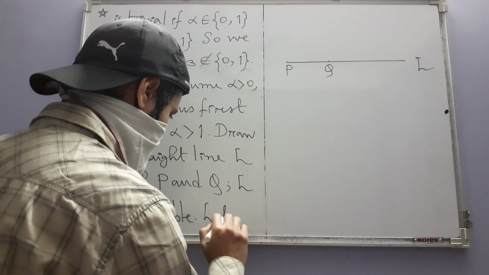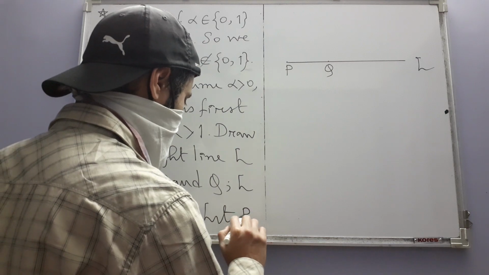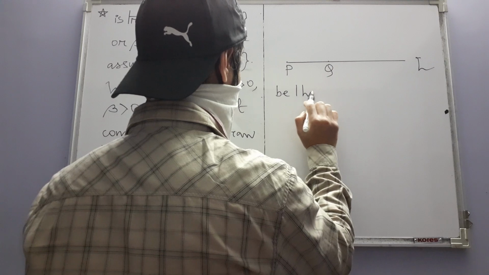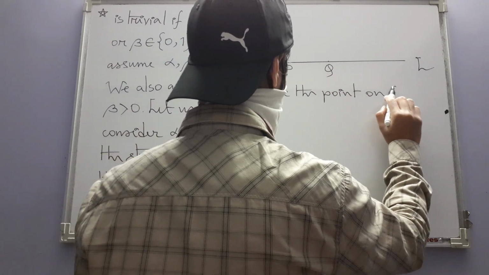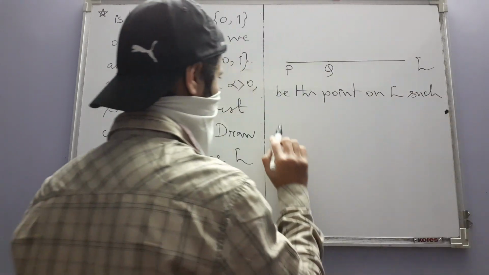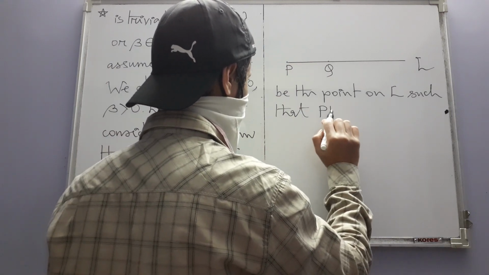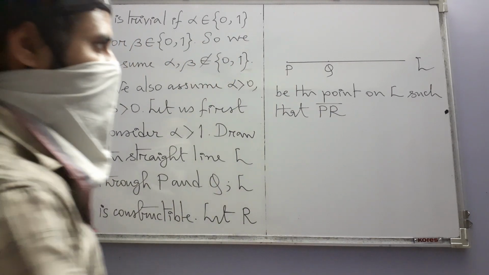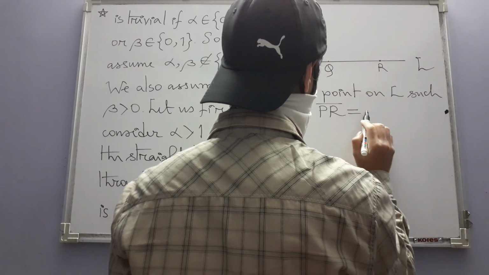Let R be the point on L such that the length of the line segment PR, so this is R, is alpha.